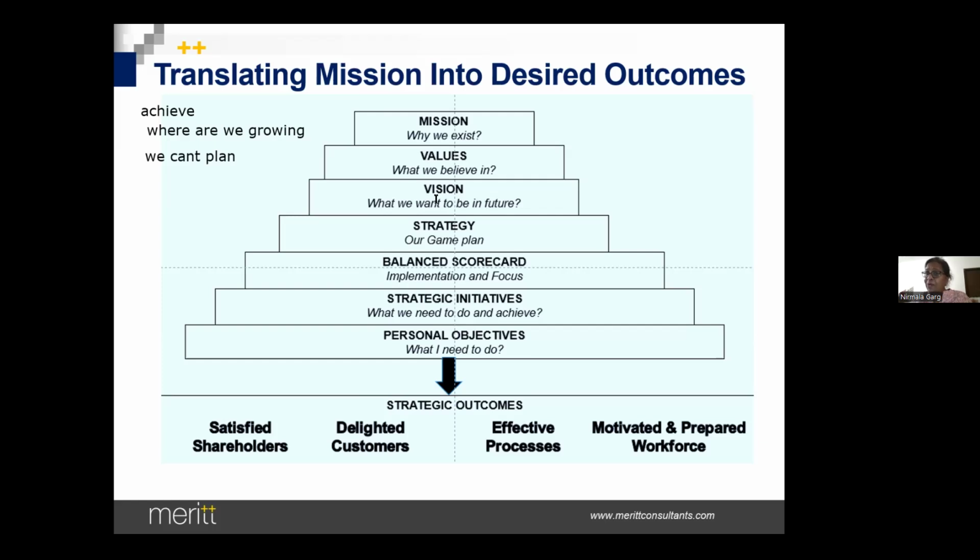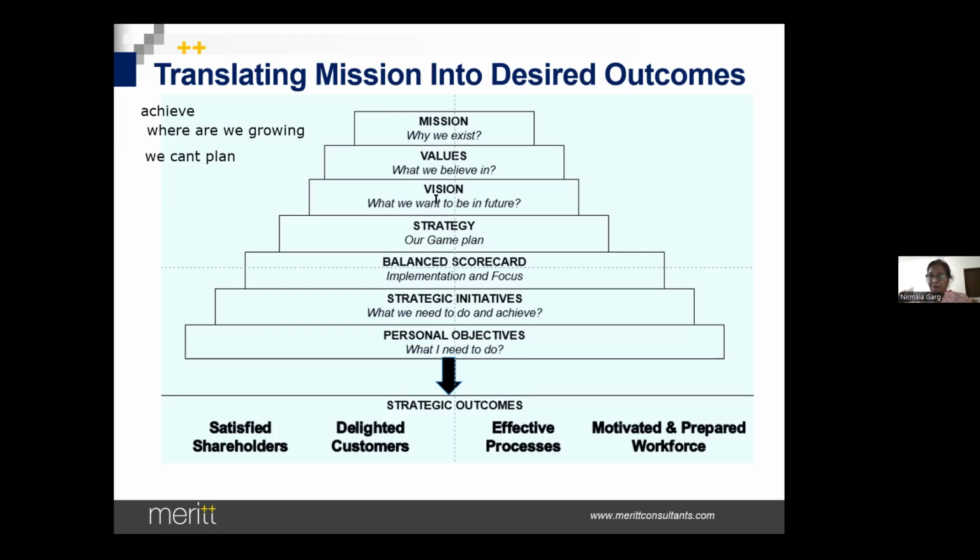HR has to be the champion for communicating the vision, because HR is a facilitator to ensure that the organization achieves and performs. You agree? Gone are the days when business would say, I want 10 people hired, I want so much increase in income.